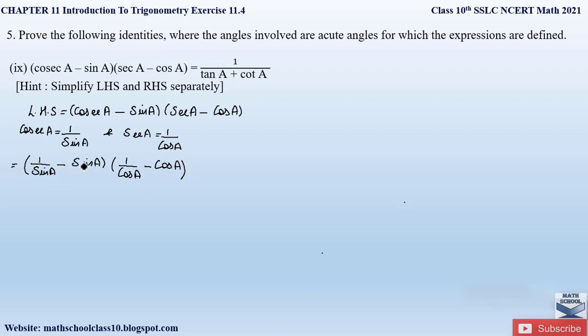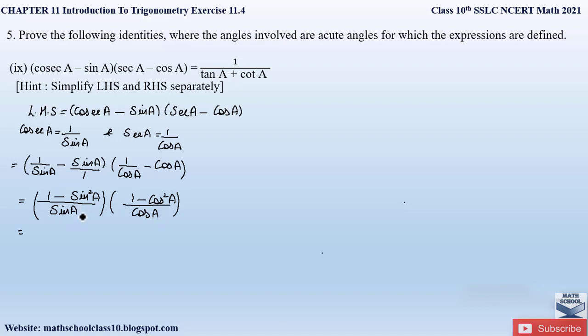Now let us take the LCM. 1 by sine A minus sine A by 1. Here LCM will be what? Sine A. And in the numerator here we have 1 minus sine A into sine A, which is sine square A, into, again similarly here our LCM will be cos A, so 1 minus cos square A.